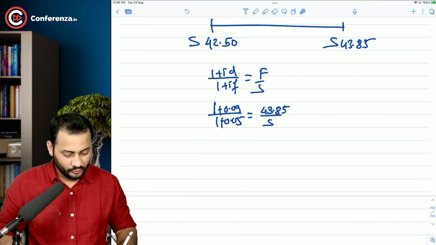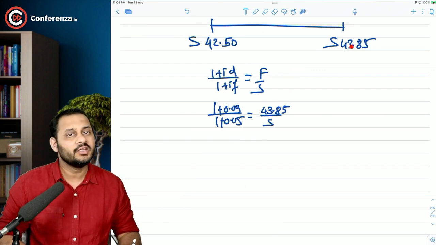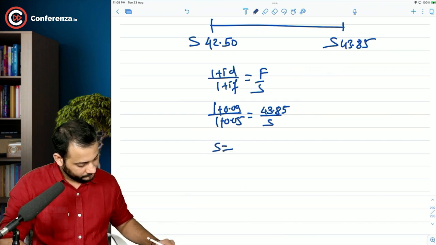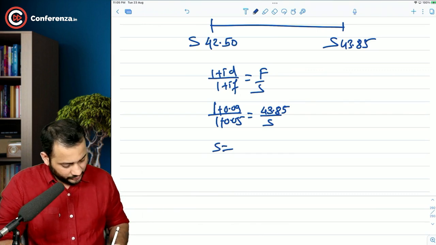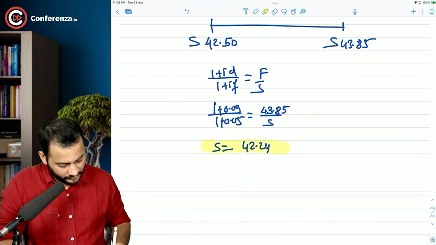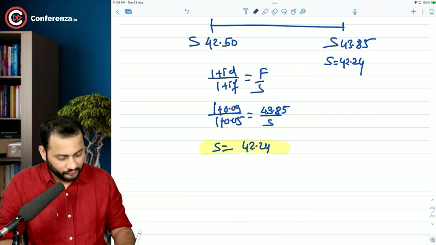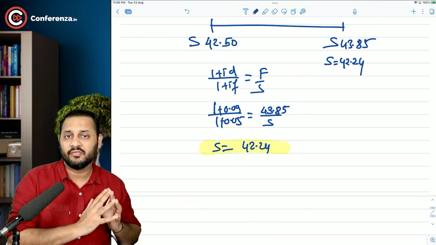So what we are doing now is we are removing the impact of inflation from this, and we will reach at 43.85 into 1.05 divided by 1.09. So it comes to 42.24. See, without inflation, 42.24 is the rate at the end of year 1.